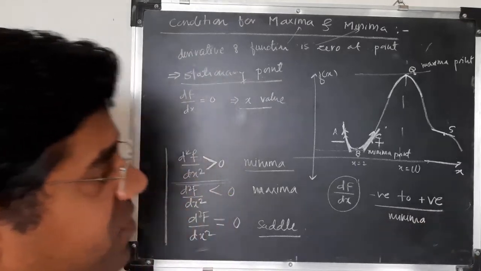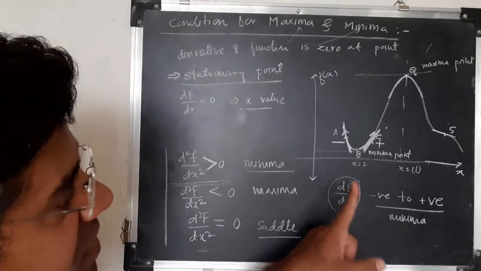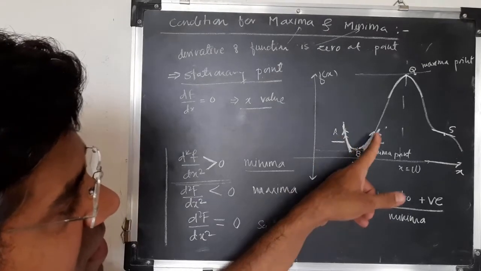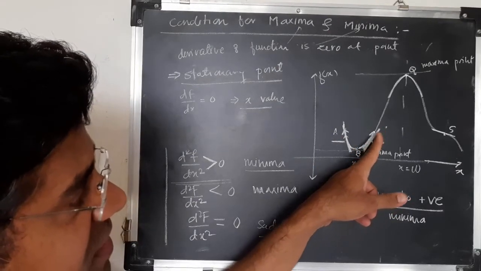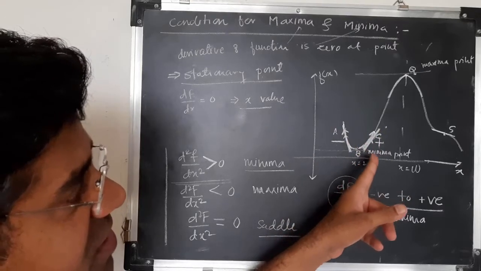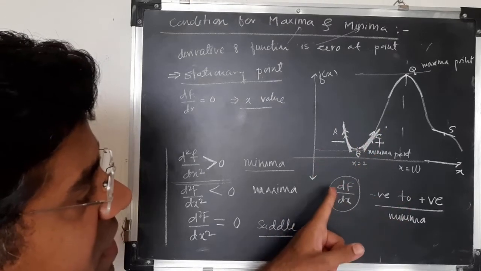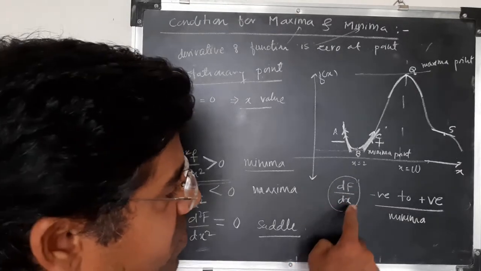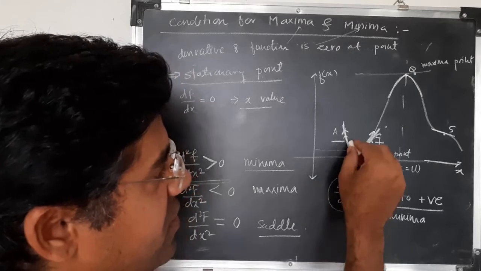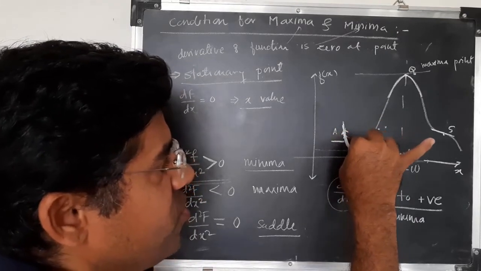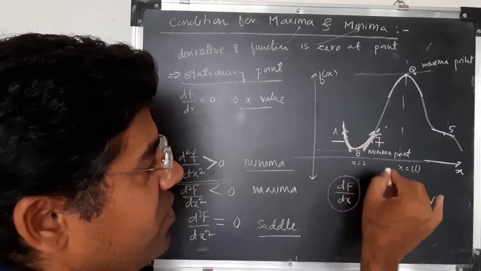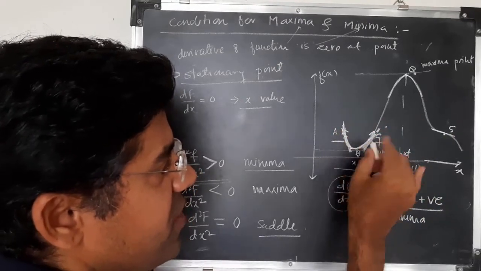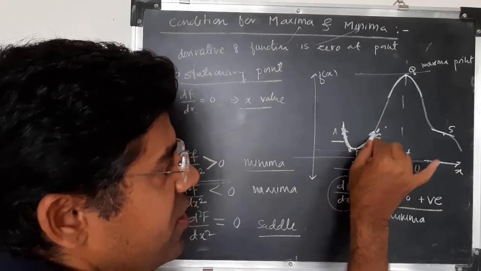Three ways you can find out a given point. First, I have told in terms of the function: the function value is increasing in both directions, so that is your minima point. Second way, if you find df by dx and the derivative is running from negative through 0 to positive, x is increasing in this direction, so here the slope is negative, here it is 0, here it is positive.